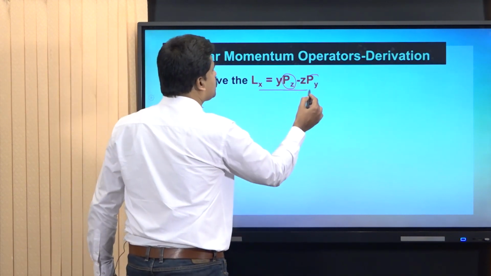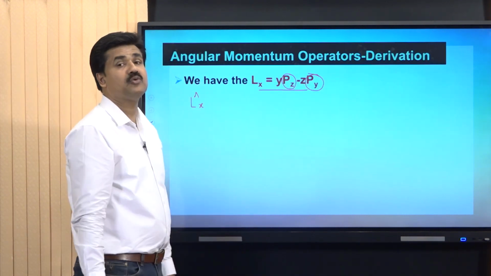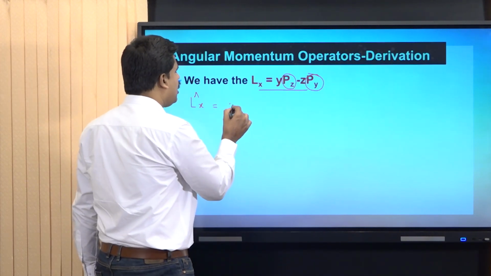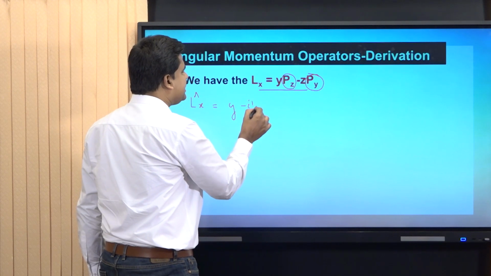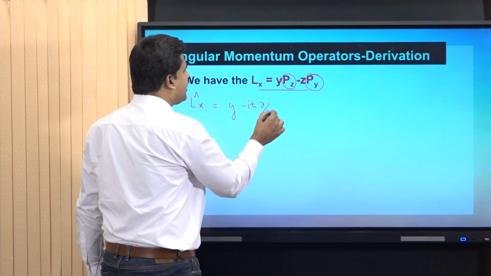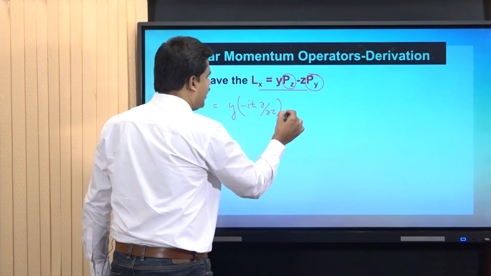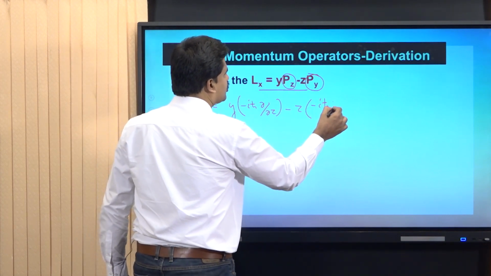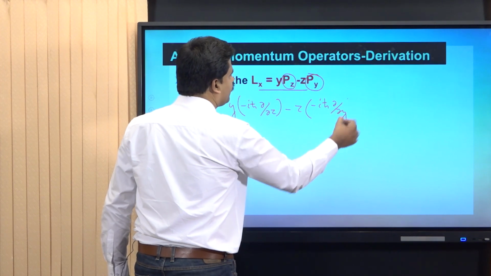And py should be replaced with minus i h cross dou by dou y. Therefore, Lx hat is equal to y into minus i h cross dou by dou z minus z into minus i h cross dou by dou y.